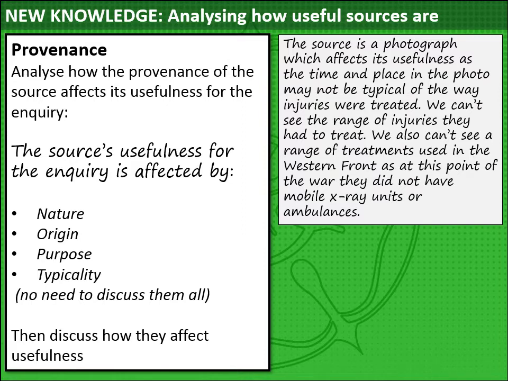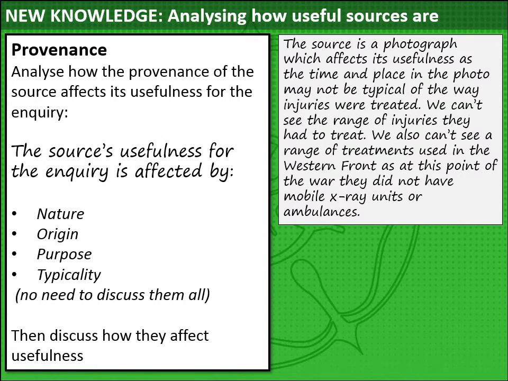So I'm saying, okay, it's a photograph. Now there's a problem there, because yes, photographs give us a snapshot, but it might not be typical. It's also limited in its range. Now I know that by this stage in the war, casualty clearing stations were really quite advanced, often having X-ray units, that kind of thing.